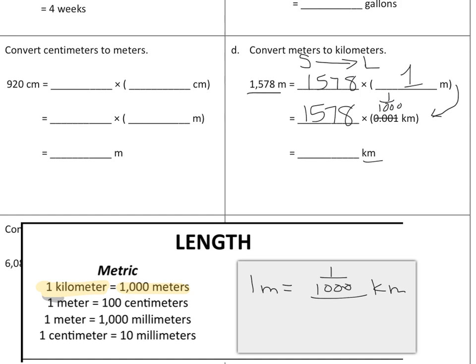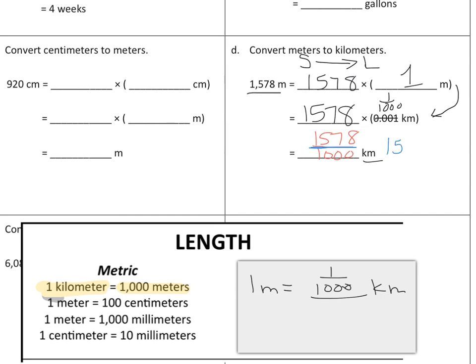Looking at patterns that we did in the previous two problems, our denominator will be 1,000. Our numerator is going to be this number, 1,578 times 1. So you're going to get 1,578 on top. And remember that this fraction bar right here also stands for division.